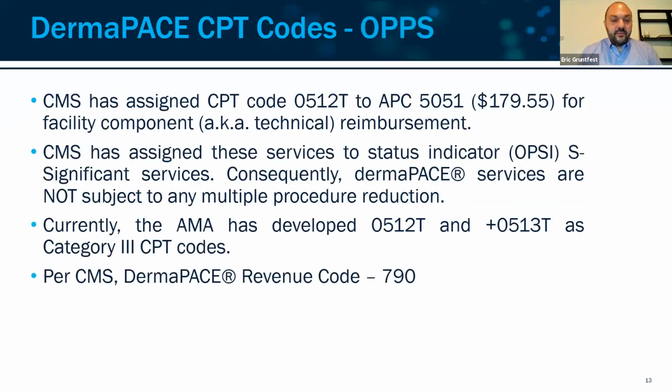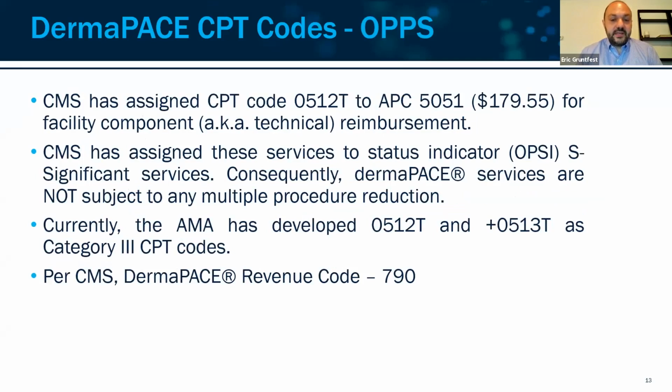The payment rate for dermaPACE procedure codes, which CMS has assigned, is in the same category as UltraMIST. So the APC, which is level 1 skin repair, APC 5051, is paid in the hospital outpatient setting at $179.55.